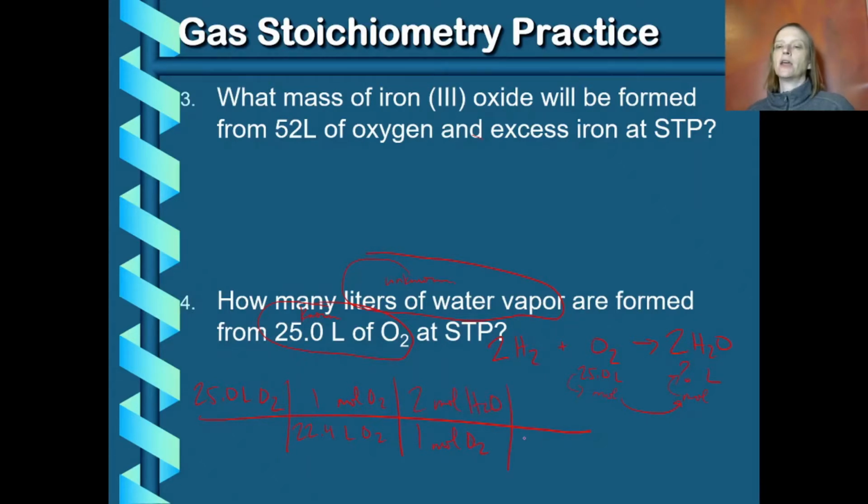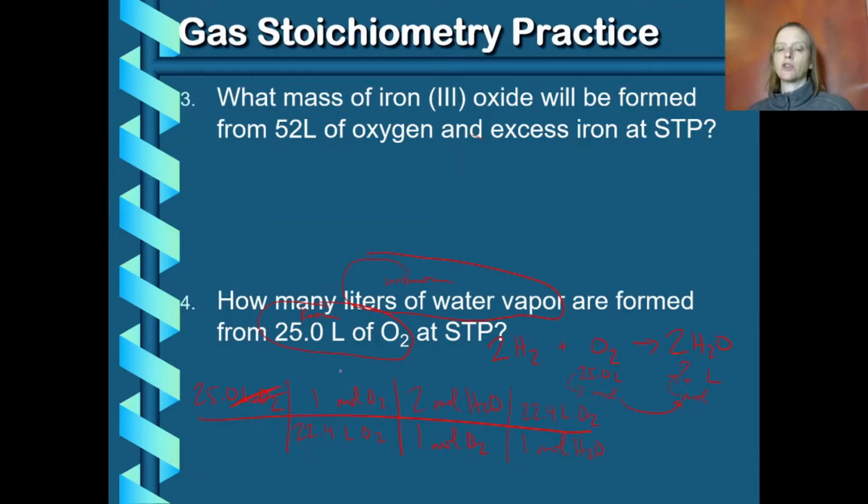And then I can get rid of moles of water because I know that 1 mole of water corresponds to 22.4 liters. So 25 times 1 divided by 22.4 times 2 divided by 1 times 22.4 divided by 1.